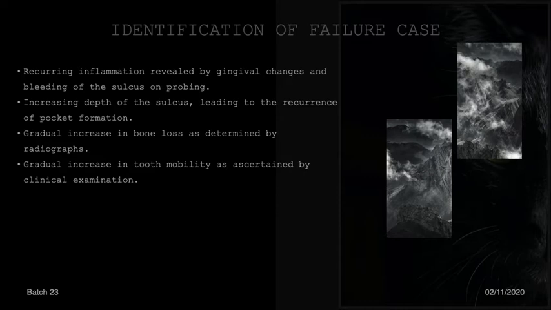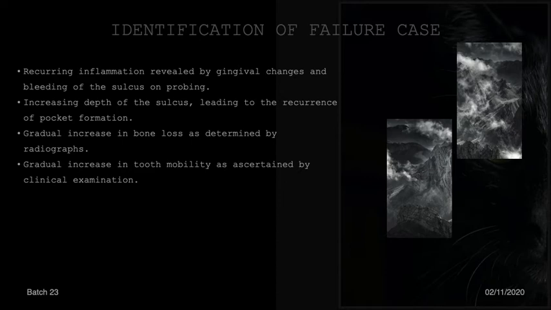Your treatment is not following proper recall intervals, or the treatment is not adequate. So you have to modify your treatment. So these things will help you in identifying a case which has failed during the periodontal maintenance therapy.